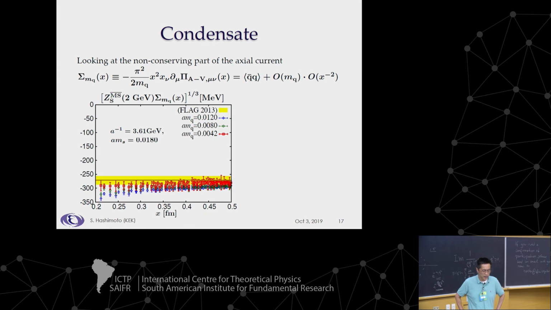I have to check, but if I remember correctly, this is a direct consequence of the axial Ward identity, so I don't think I need any extra coefficient. So there are no perturbative corrections to that? Yeah. Okay.